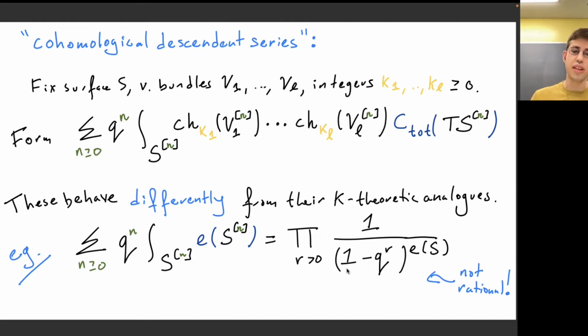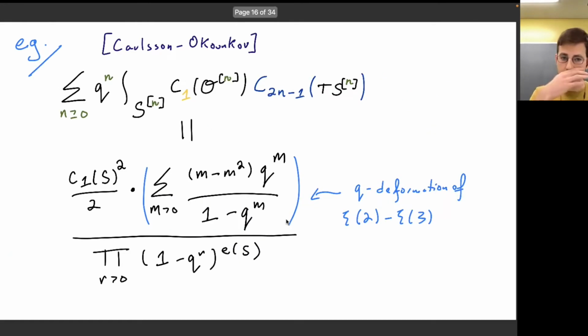And this holds more generally. You can ask, okay, maybe if I normalize by this factor, I would still have some kind of numerator that looks like a polynomial, like we did for K-theory, but that's not the case. The next simplest example you could try was computed by Carlsson and Okounkov. If I take the first Chern class of the tautological bundle associated to the trivial bundle on S, and I multiply it by the 2n minus first Chern class of the tangent bundle, that's the appropriate Chern class to consider that will put me in the right degree.